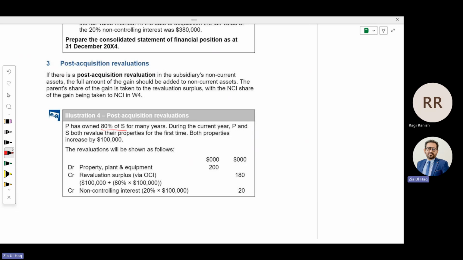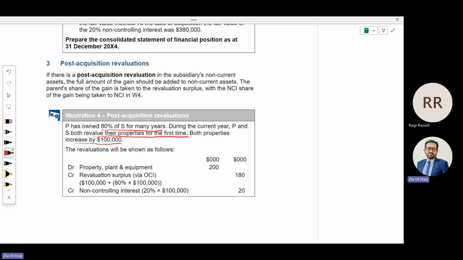P has owned 80% of S for many years. This means 20% non-controlling interest. During the year, P and S both revalue their properties for the first time. Both properties increased by 100,000. This means the revaluation surplus is 100,000 for the parent company and 100,000 for the subsidiary.